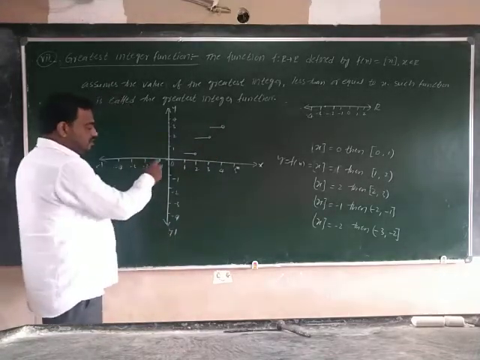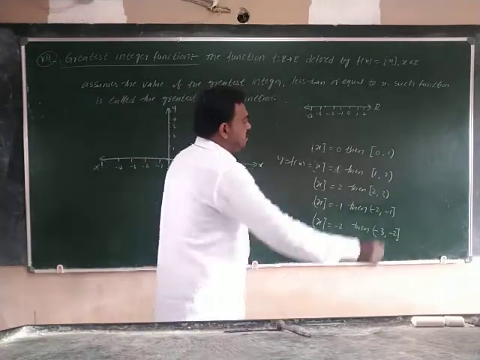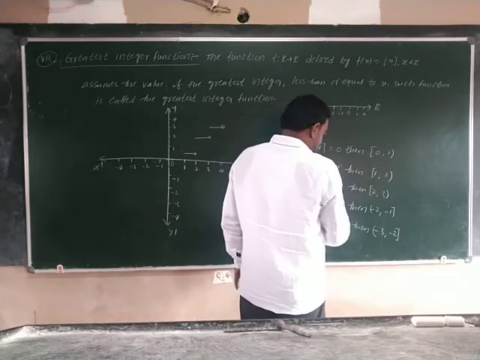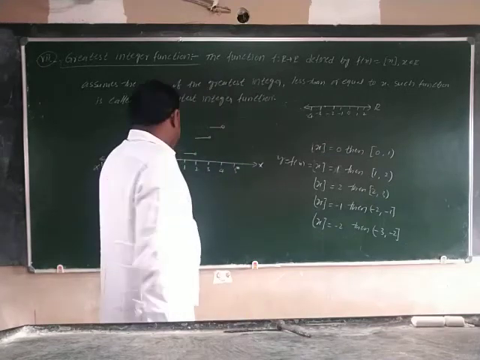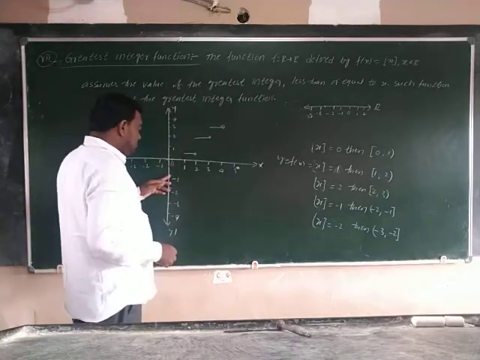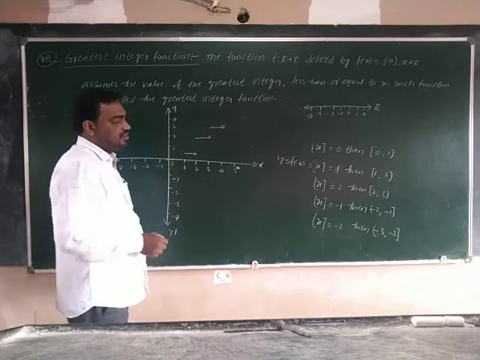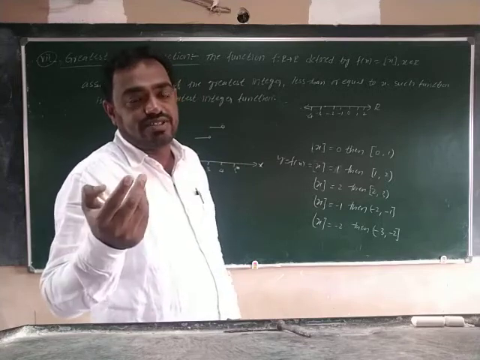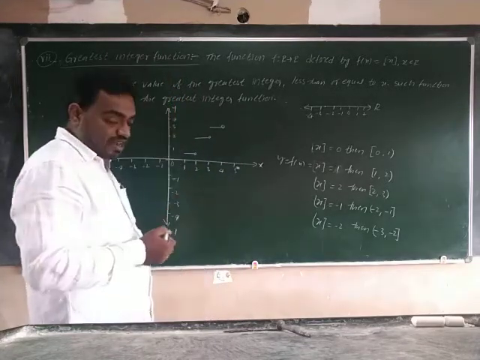Okay. Next, coming to negatives. Negatives, minus 1 to 0. When x is equal to minus 1, the greatest integer of minus 1 is equal to minus 1.